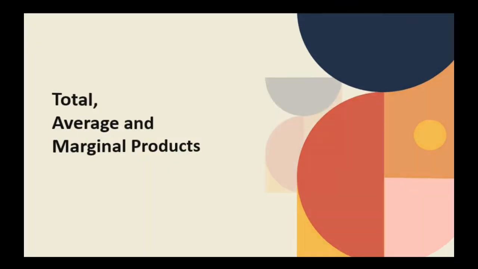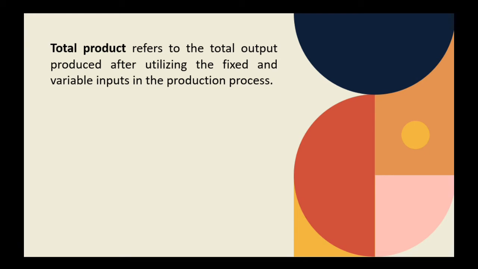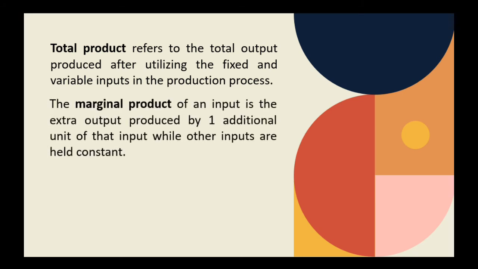Great, isn't it? Therefore, total product refers to the total output produced after utilizing the fixed and variable inputs in the production process. So total product is designated in physical units like vans of rice, number of rubber shoes, number of t-shirts, and etc. While marginal product of an input is the extra output produced by one additional unit of that input, while other inputs are held constant.